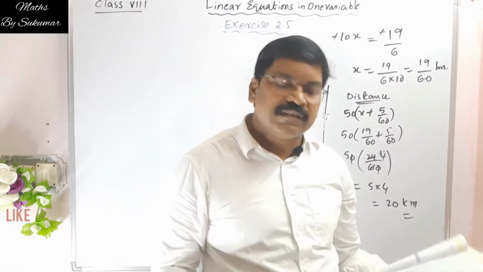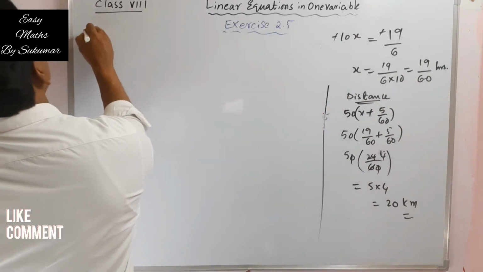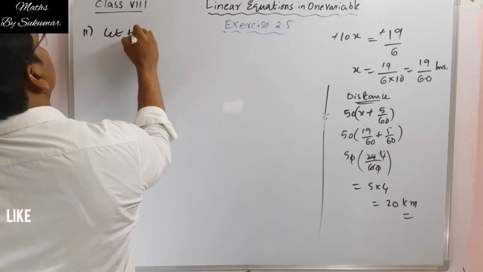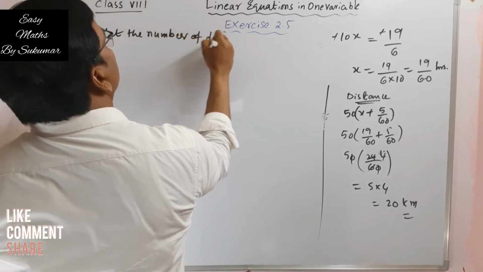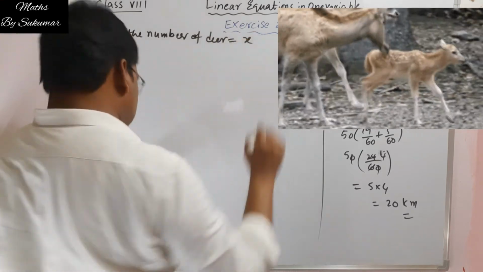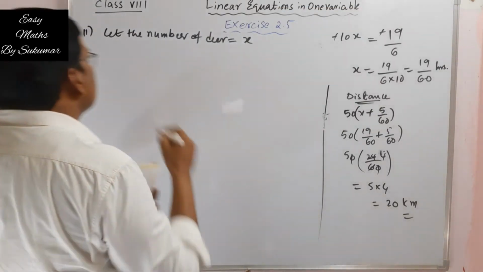Okay, a group of deer is called a herd, right? In this 11th question, let the number of deer be x. 1/4 of a herd of deer has gone to the forest.